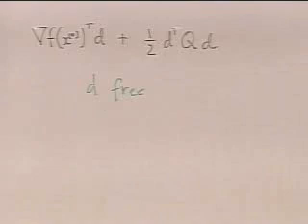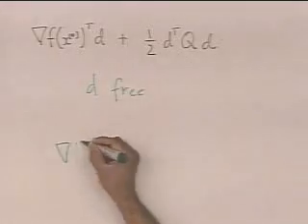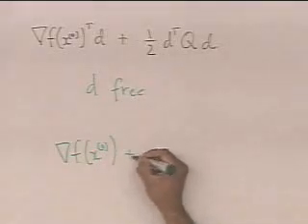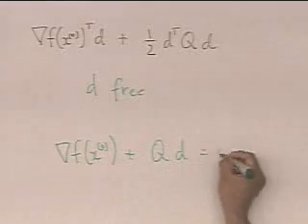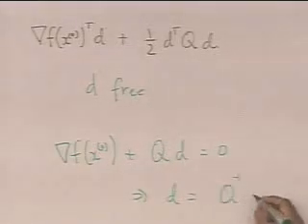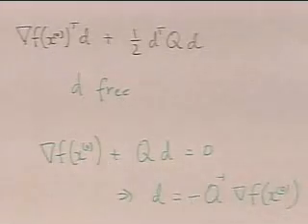I put the gradient of that function with respect to d equal to 0, which is the gradient of f at the point x0 plus Qd equal to 0, which tells me that d is equal to Q inverse gradient f of x0 with a negative sign in front.